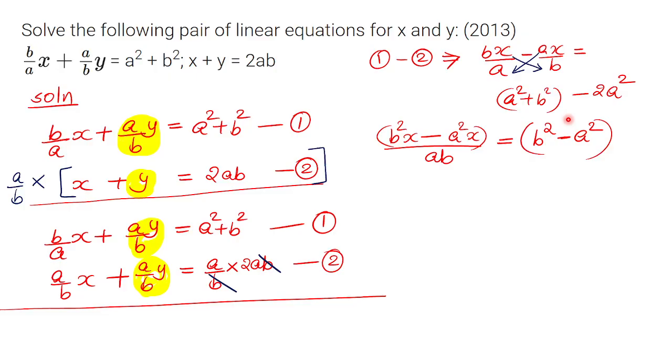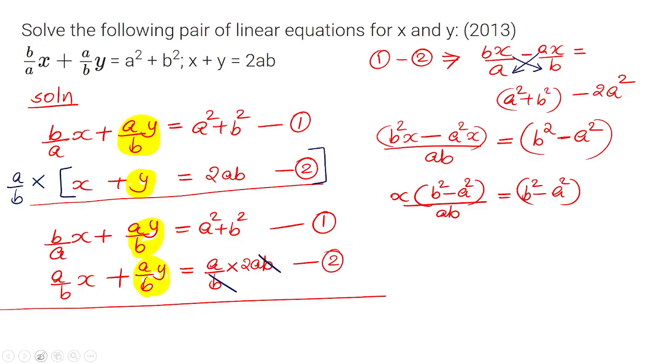Now look here. b square x minus a square x. x is common in both the terms, isn't it? x can be taken out. b square minus a square by ab equal to b square minus a square. x is common here, x is taken out.